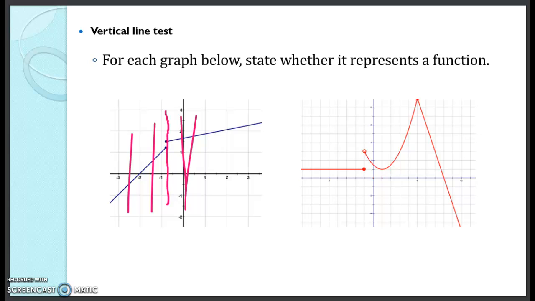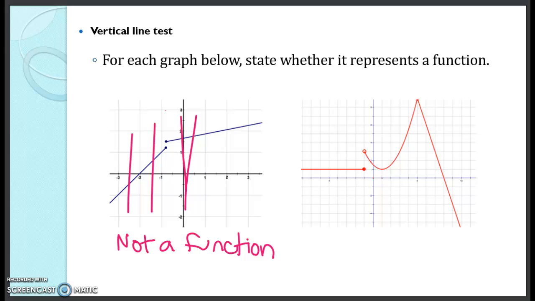This value looks like negative 3/4. So the input's negative 3/4, and that x value is going to go to both about 1.3 and 1.5, or 1.2 and 1.5. Now if this was an open circle, then I would have a function, but in this case where I don't have an open circle, it goes to two different values, so I have not a function.